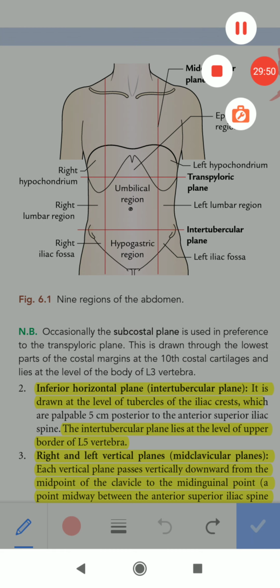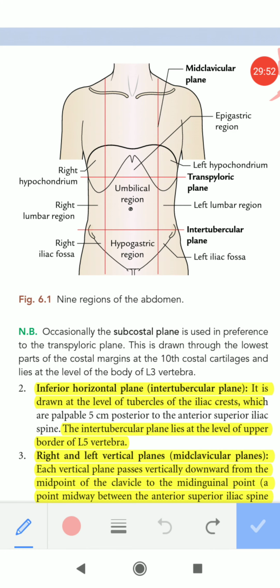The 2 vertical lines are known as the mid clavicular lines. How to draw this line? You draw this line from the midpoint of the clavicle above to the midpoint of the inguinal ligament below.